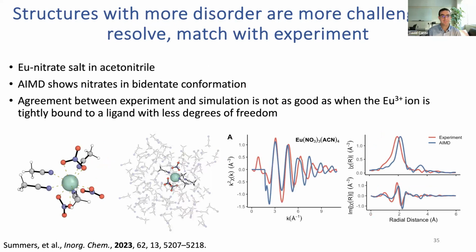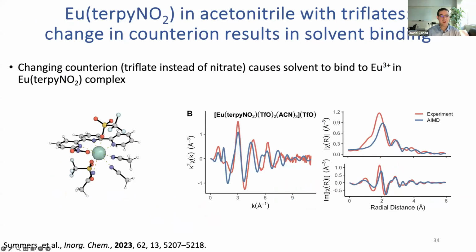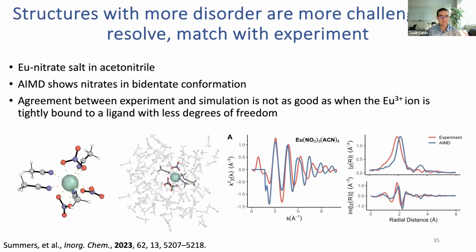We also did it with just the nitrate salt with no ligand, and we don't get as good a match in this case. Again, when we have a ligand occupying many of the coordination sites, we have fewer degrees of freedom to sample in the simulation.